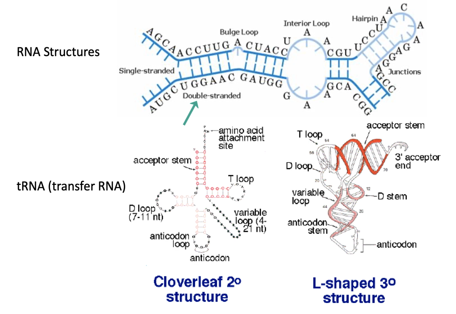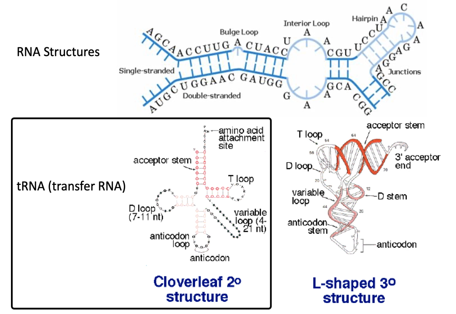You can have short double-stranded regions, which are also common. You can have a bulge loop consisting of one or more nucleotides, or an interior loop that looks like this, or a hairpin with a junction joining that to the other part of the molecule. These are all common in transfer RNAs, tRNAs.